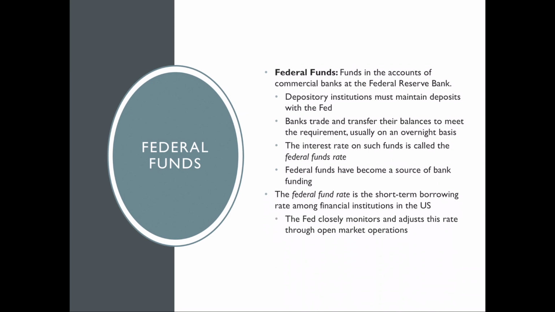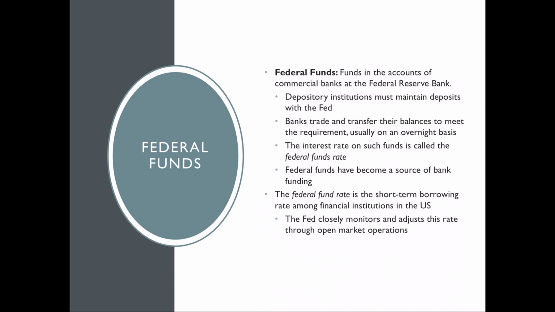And what will happen is that the Federal Reserve closely monitors and adjusts this rate through open market operations. So open market operations, you'll learn a lot about this in financial markets and institutions. So what this federal funds rate does is that it is a key barometer of monetary policy. Open market operations is one way that the Fed controls monetary policy.